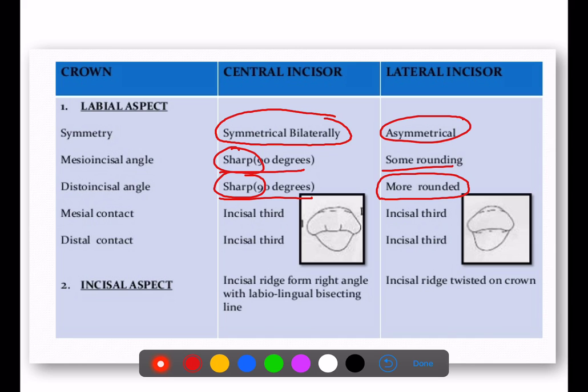The contact area is the incisal third for both central and lateral incisors. In the incisal aspect, as I told you, the incisal ridge forms a right angle with a labiolingual bisecting line, whereas the incisal ridge is slightly twisted on the crown in the lateral incisor.